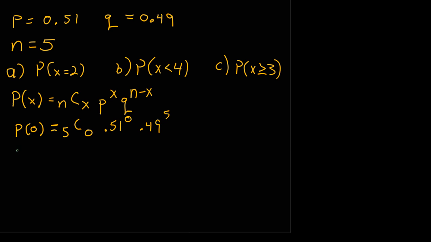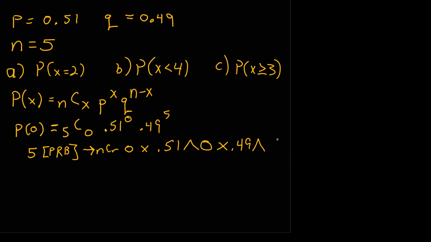The keys you would hit: 5, the probability key, then the arrow over until you get to nCr, enter, and 0, then multiply by 0.51 caret 0, multiply 0.49 caret 5.